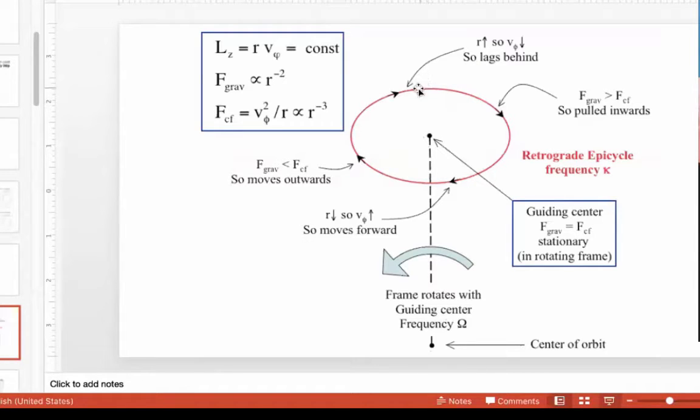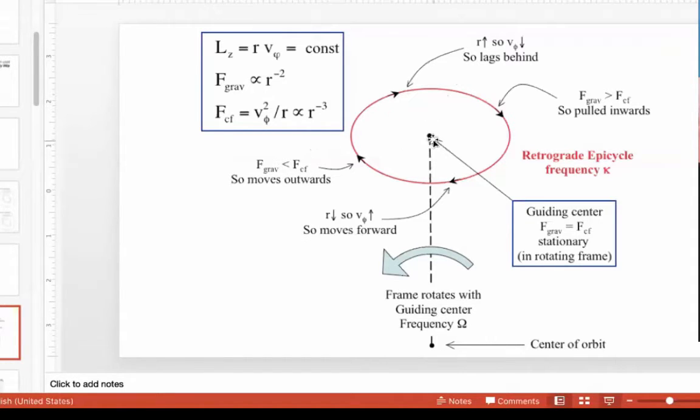So what happens here, the angular momentum is conserved for this object. R times V is conserved. Well, since I just made R bigger, that means the orbital velocity in the phi direction here is going to be smaller. So compared to the guiding center, the displaced star up here is going to start lagging behind.